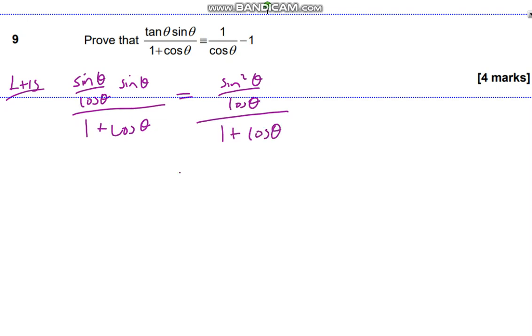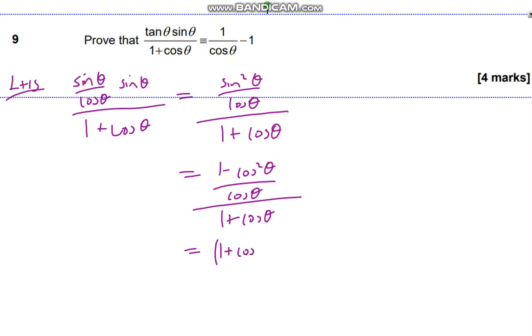So now I can use what I've been using all through this, that sin squared is 1 minus cos squared. It's a bit annoying that we've got this fraction within a fraction thing, but all we're worrying about at the moment is just manipulating this top bit.